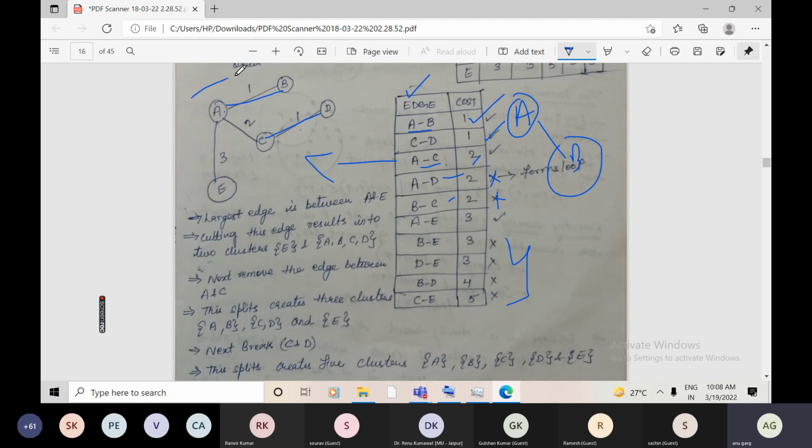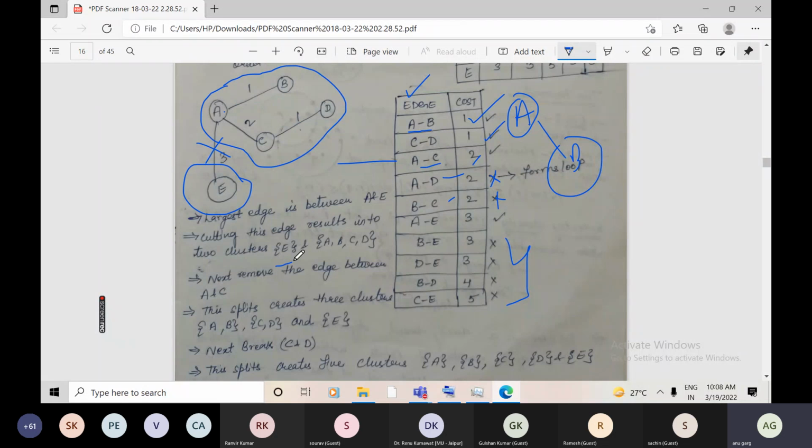Now after you have completed your minimum spanning tree, from this minimum spanning tree we will start forming the clusters. First, whichever edge has the maximum cost, cut that edge and remove it. Once you remove that edge, what are the clusters that will be formed? If I cut this edge AE, E is left out as one cluster and the rest is separate.